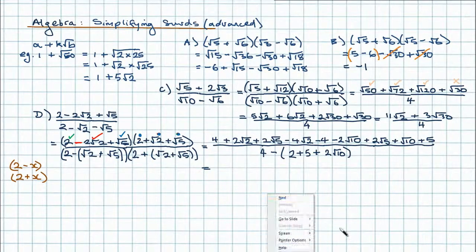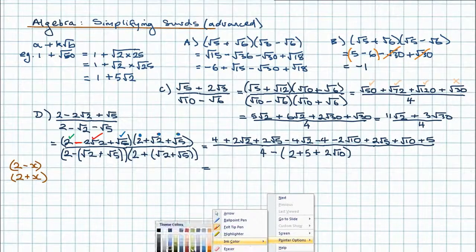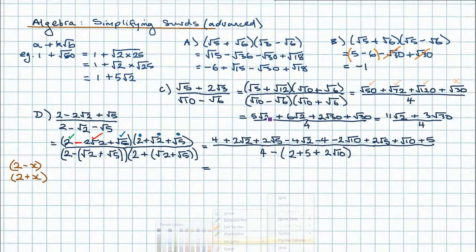So if I again use a different color, let's use purple this time, just so that you can see what's going on. I'm looking for all the constants in that top row. So I've got a 4 and a minus 4, so there's a minus 4 there.